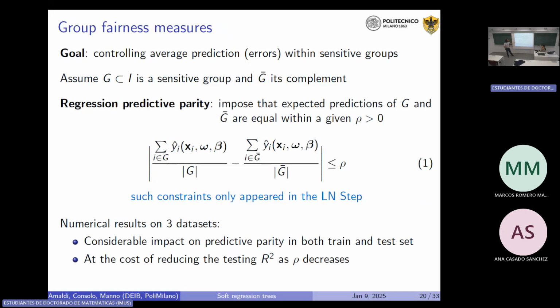So it doesn't affect the computational time. We made a lot of experiments on datasets, mainly 3 datasets for problems of fairness, and we have seen that it has an impact both in the train and the test set, so it does work, and it is able to reduce the unfairness while affecting the testing R square a bit, but this is normal.